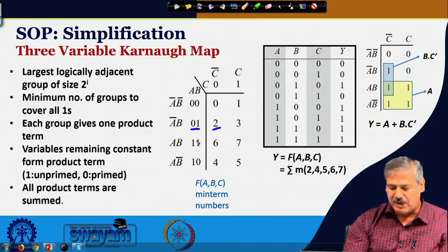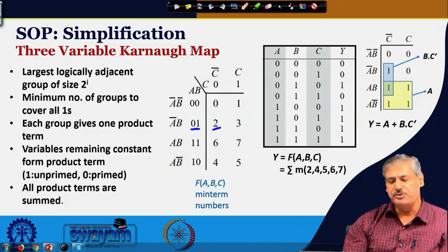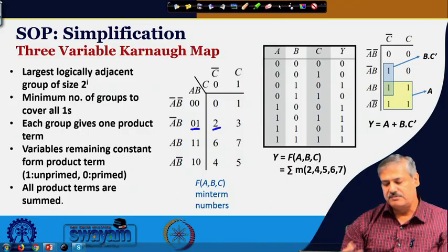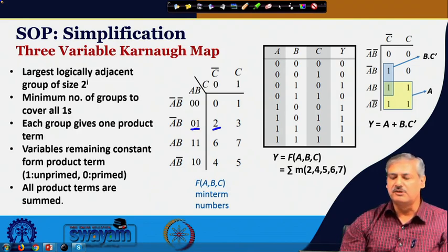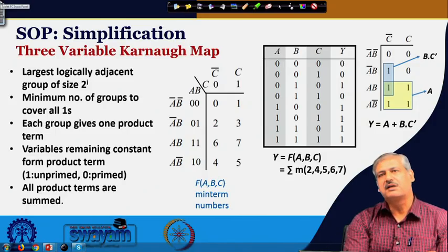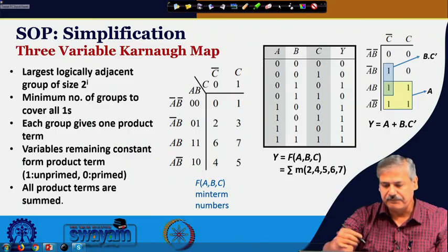If it was 1 0, then two values would have changed, a as well as b, which we are not allowing here, to have a more convenient way of forming the groups. Okay. This we need to take note of when we form the Karnaugh map for 3 variables. The other side is the same.